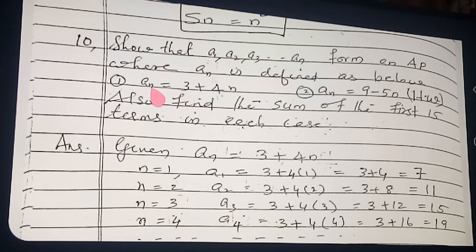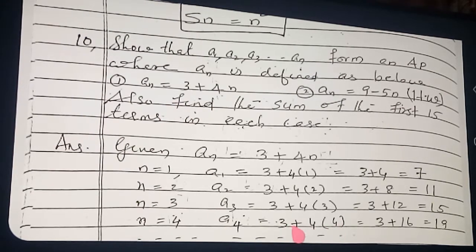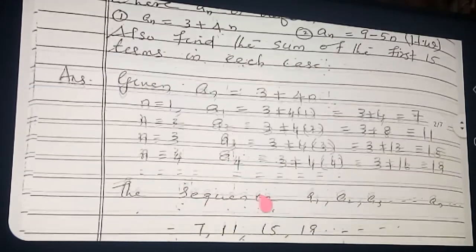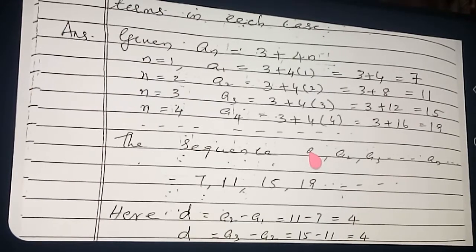A4, wherever n is there, replace by 4. So A4 is equal to 3 plus 4 into 4. 16 plus 3, 19. So you got the sequence now. I have written the sequence: An is 7, 11, 15, 19.